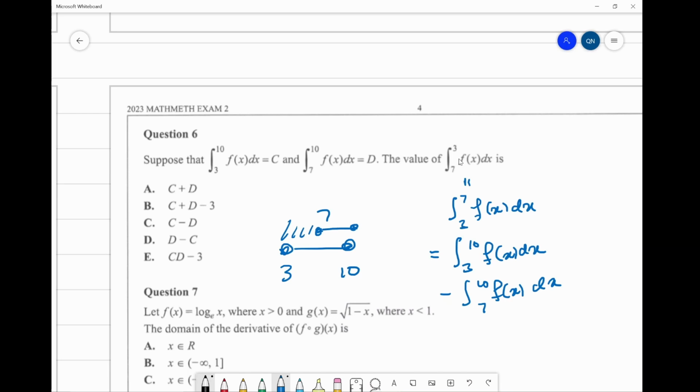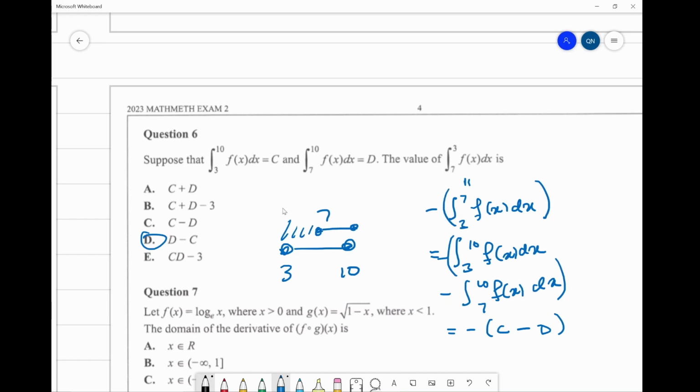This whole thing is negative, so negative of c, which is the integral from 3 to 10, and then minus the integral from 7 to 10, which is d. So that's d minus c, option D.